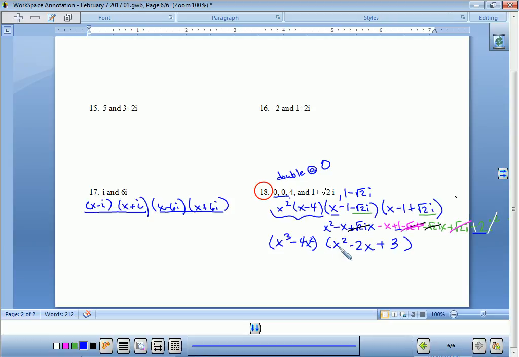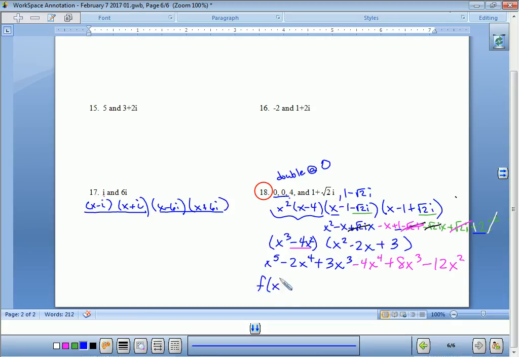So the x cubed needs to go through the trinomial, and it makes x to the 5th minus 2x to the 4th plus 3x cubed. And then we do the negative 4 through, and we get negative 4x to the 4th plus 8x cubed minus 12x squared.